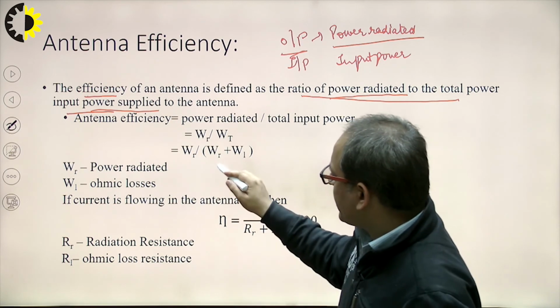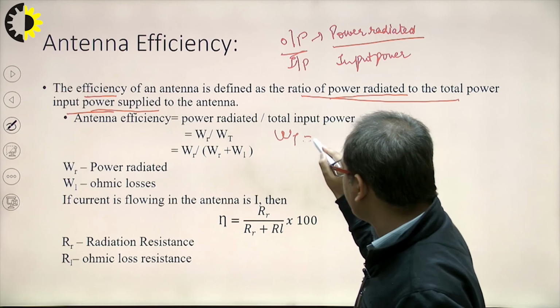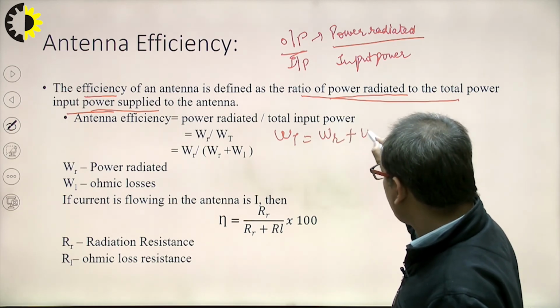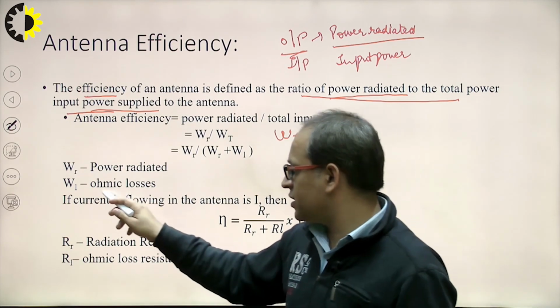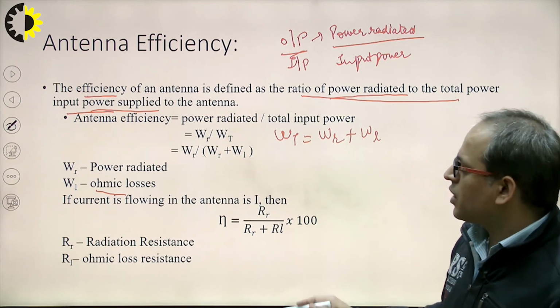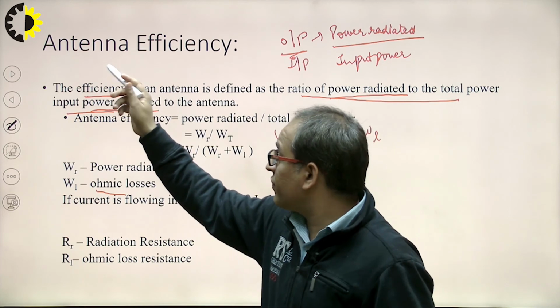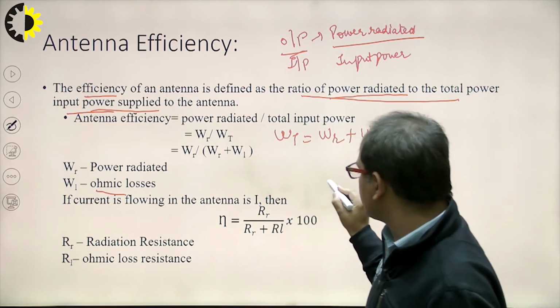This WT is the total input power. This total input power will be what? WR, the radiated power, plus some power that will be lost, that is WL, and these losses correspond to what? Ohmic losses.